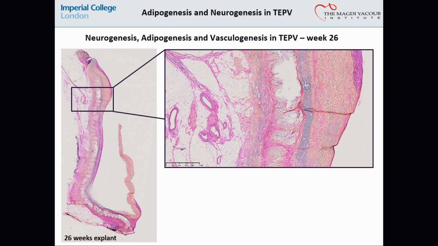It's a slow degrading polymer, so we would imagine complete degradation in about 2 years. You can see it's more intact here on the inside of the knitted material, but more degraded on the outside because we have more cells here and there's more cellular activity.